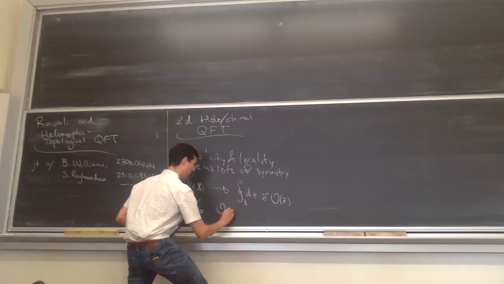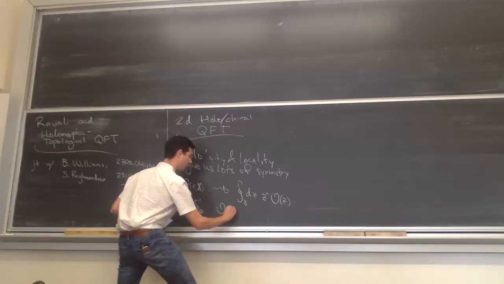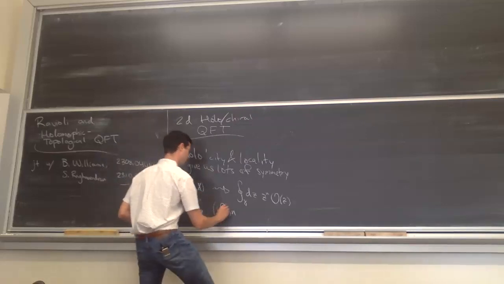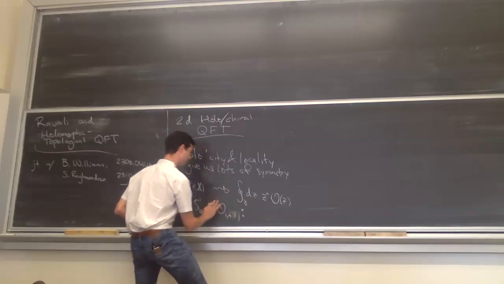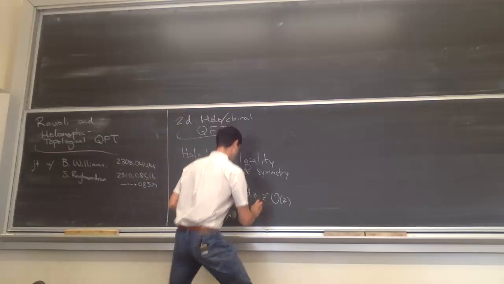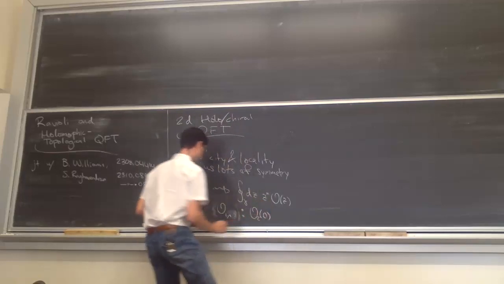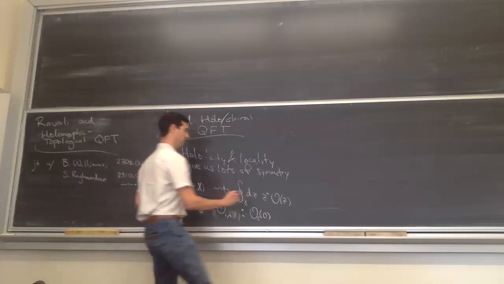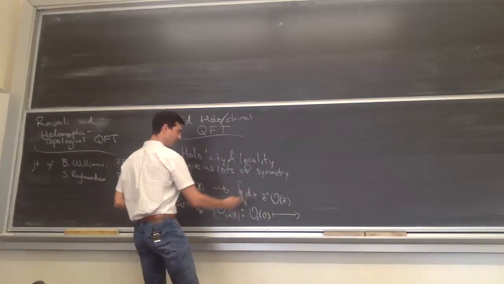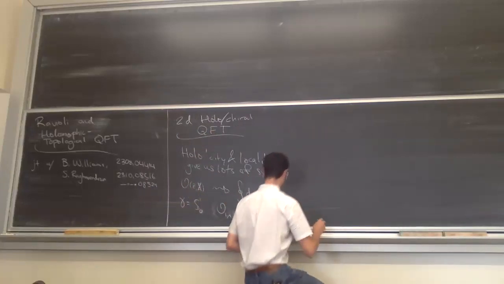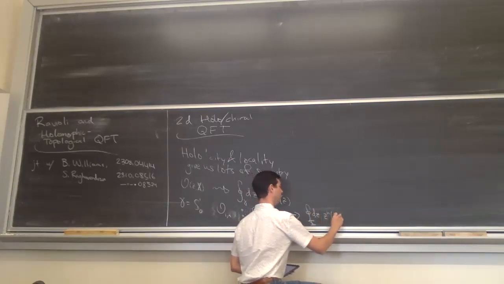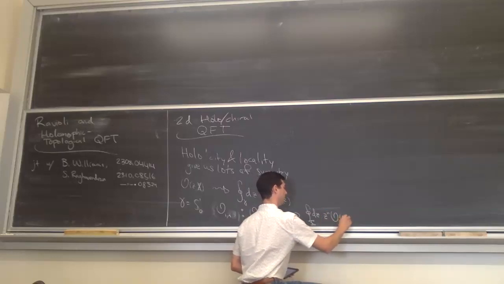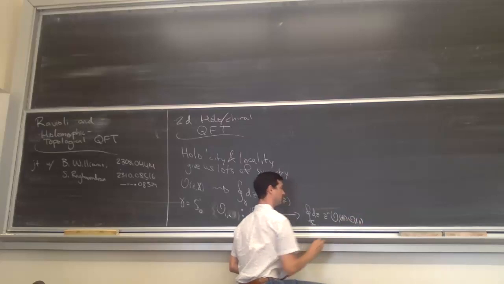For every operator I'm going to call O1 and every integer n, I'll use the notation O1,n. I can send any other local operator O2 at 0 to the contour integral I've written here. So this is the integral over this small circle centered at 0, dz, z^n, O1(z), O2(0).